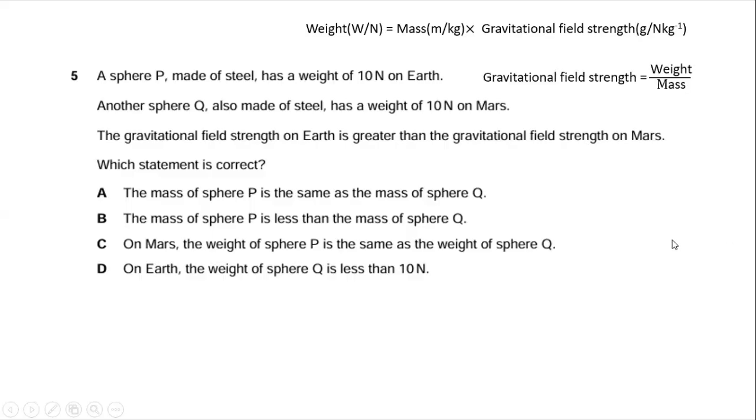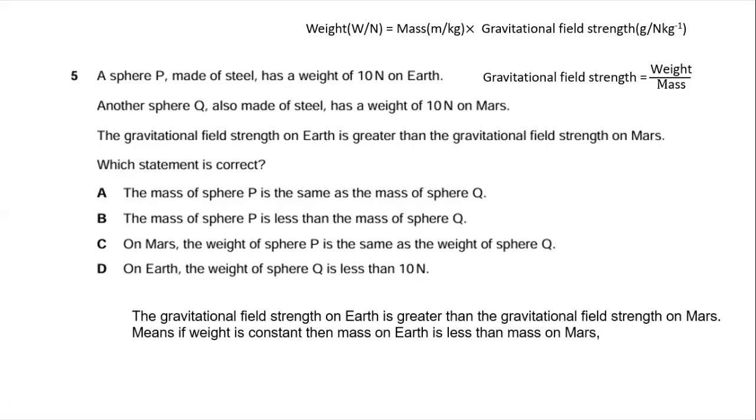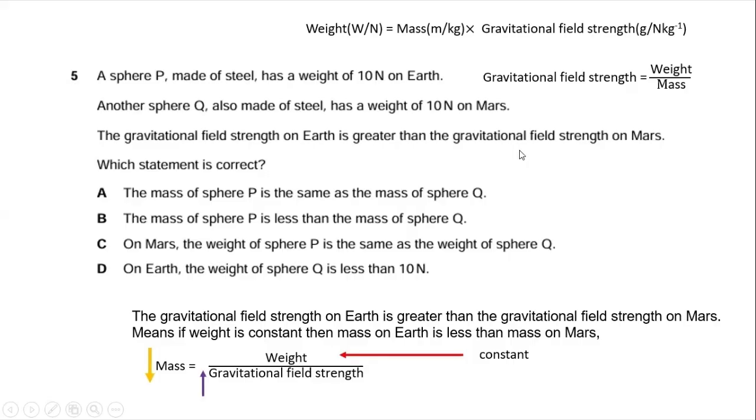So gravitational field strength is weight over mass, and mass is equal to weight over gravitational field strength. The weight is constant, so if the gravitational field strength is greater, then the mass is lesser. So the answer is B, the mass of sphere P is less than the mass of sphere Q.